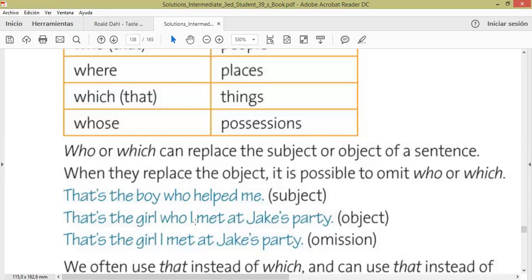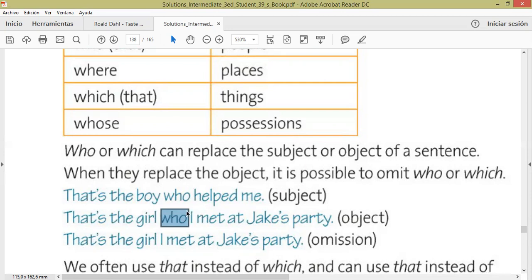Let's see the second example. That's the girl who I met at Jake's party. Who, in this case, is the object of the verb in the clause. I met the girl. So, who is referring to the girl I met.